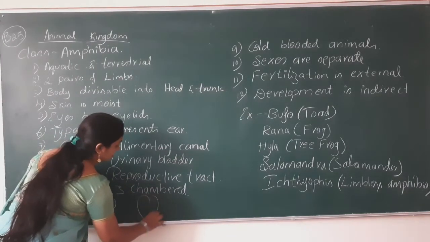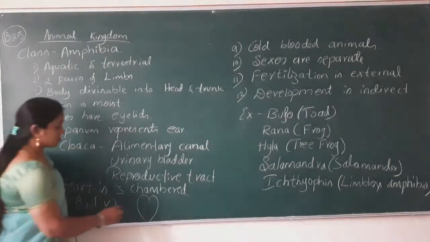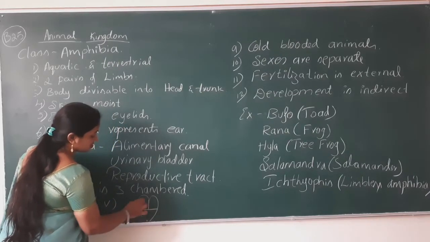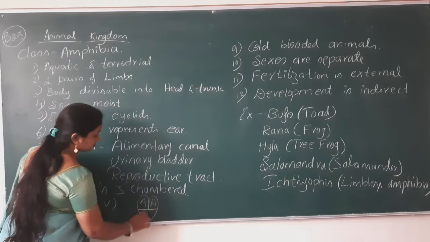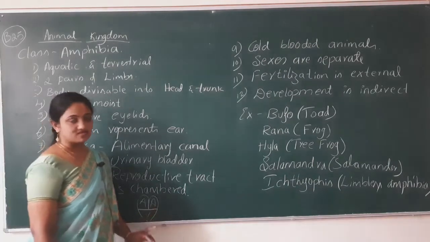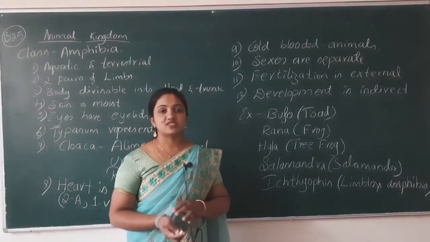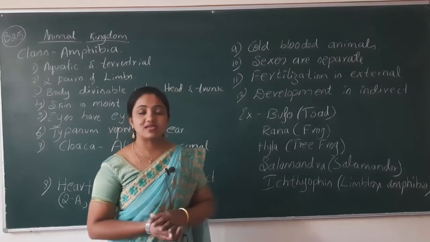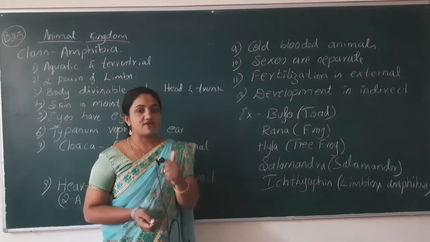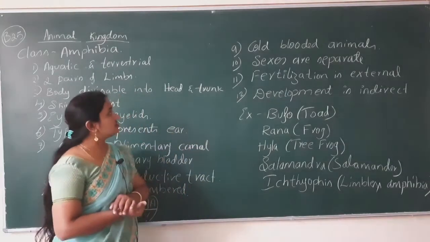Suppose it is the heart of a frog, it consists of 2 auricles and 1 ventricle. But in the previous classes, Chondrichthyes and Osteichthyes, it included only 2 chambers: 1 auricle and 1 ventricle.